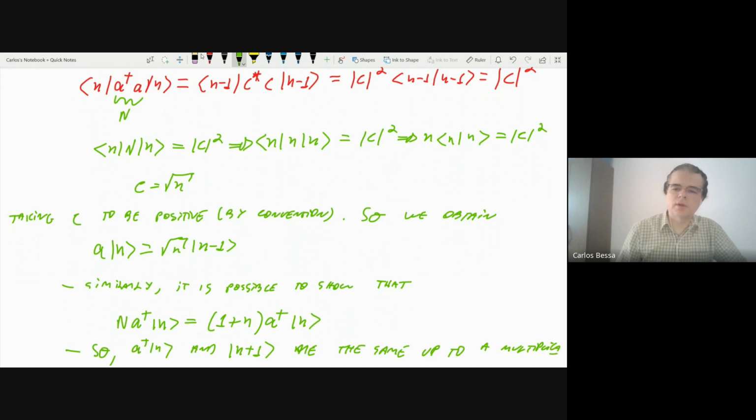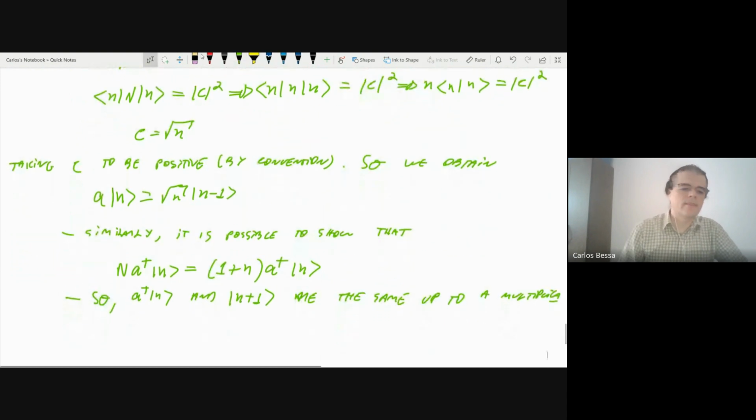Again, we use the same arguments that we used for a to relate a applied to the ket n, which would be a multiplicative constant times n minus 1.